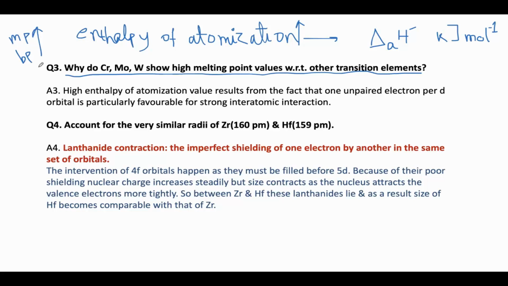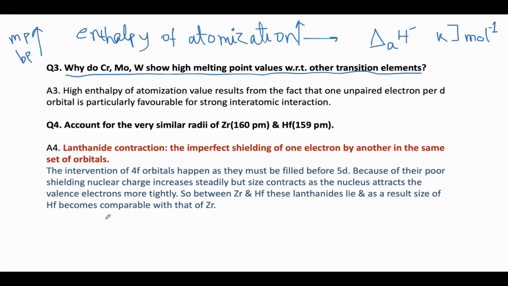Now, how do we explain why chromium, molybdenum, or tungsten show high melting points? To answer such questions, we first have to see how the electrons are distributed in the elements.